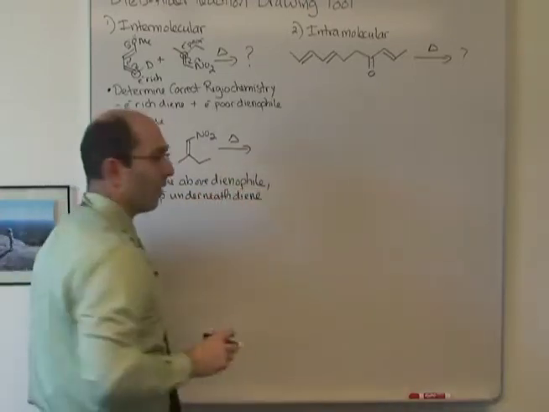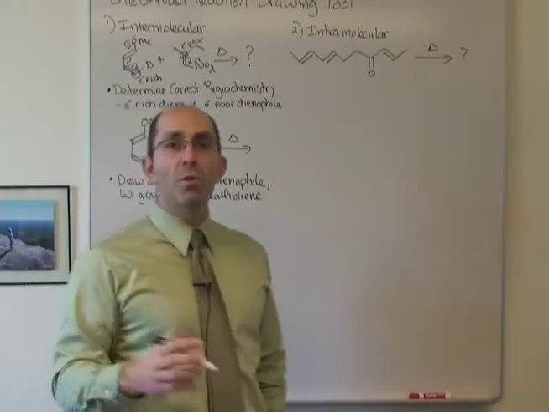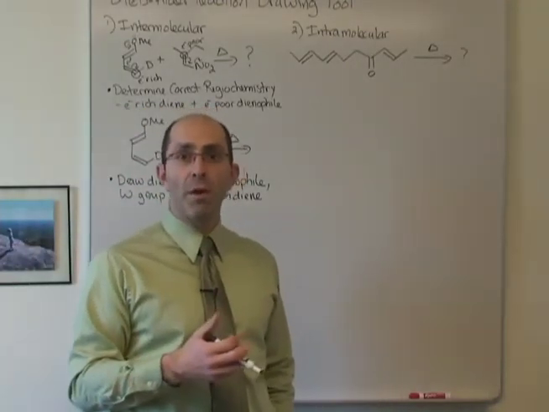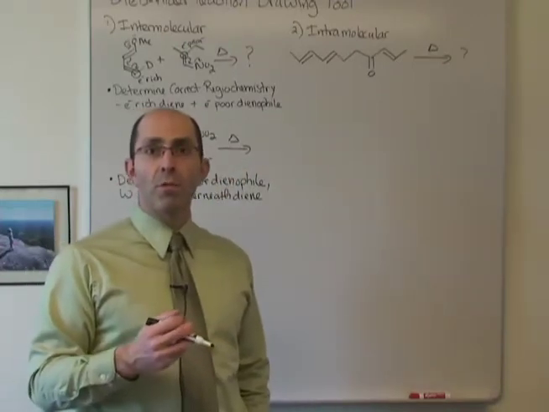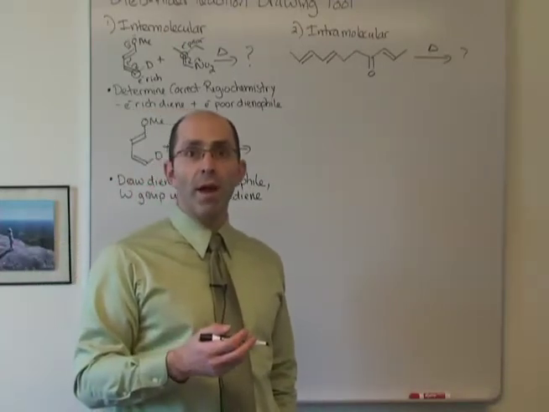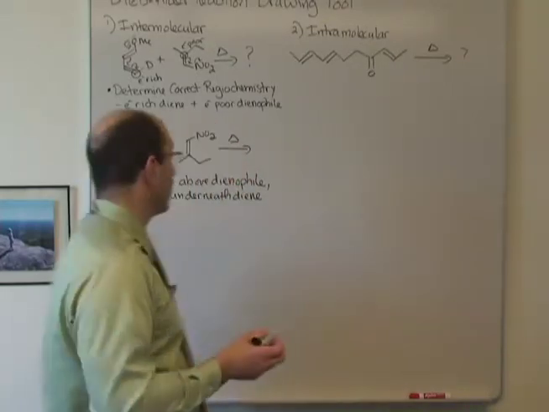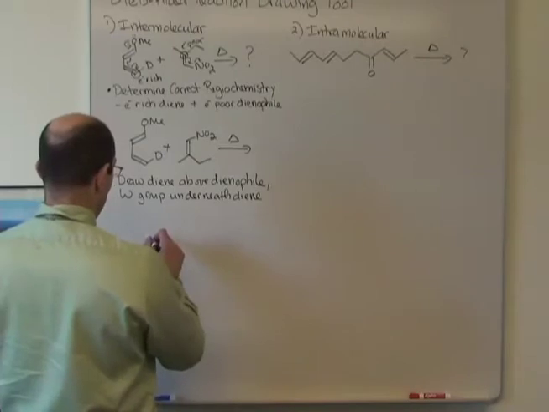And the W group underneath the diene is so that we are using a model to approximate what happens with the secondary orbital interaction, where the pi bond of the dienophile interacts with the internal p orbitals of the diene. So what is that going to look like? So we're going to draw our diene.